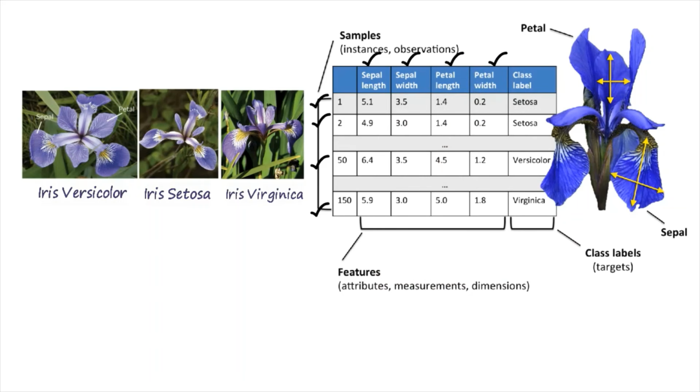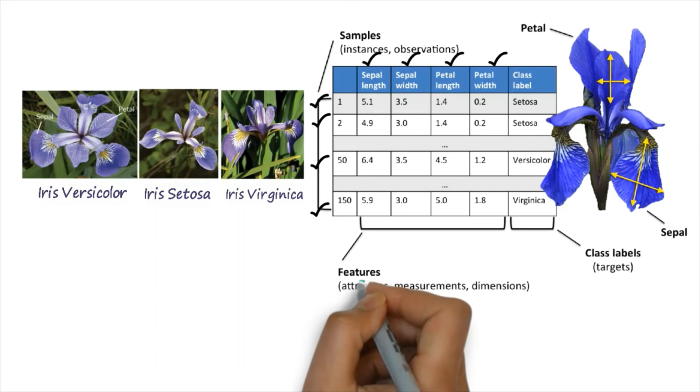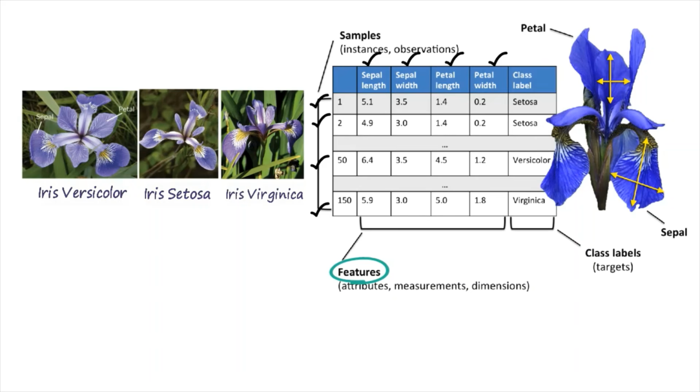So now the first point you have to understand, the columns are mainly known as features, and the rows are known as samples. So here the first point that we have to understand, any data set will have two parts, features and samples.